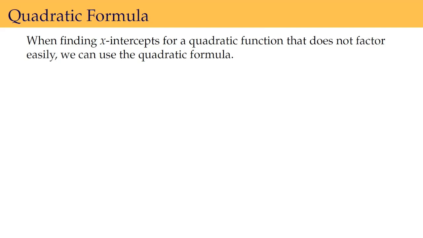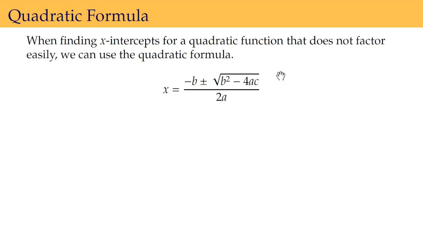So sometimes a function's just not going to factor that nicely. If it does not factor that nicely, then you can use the quadratic formula. Well, you can use the quadratic formula in any case, but if it does factor, it's just easier to do that. Remember, this is the quadratic formula.